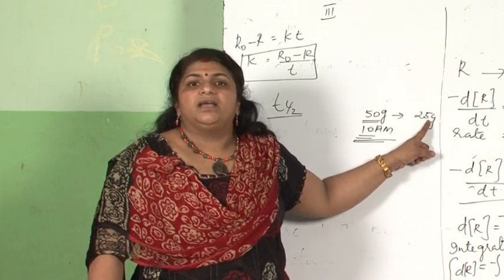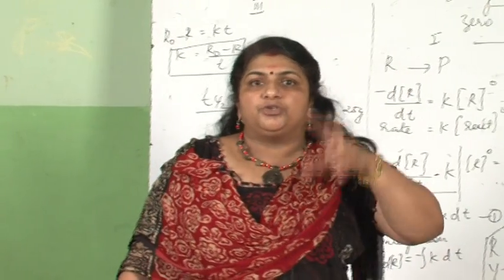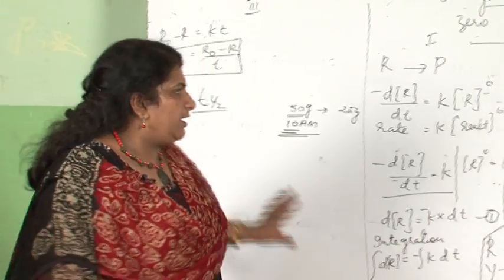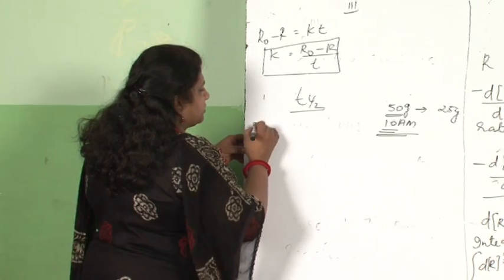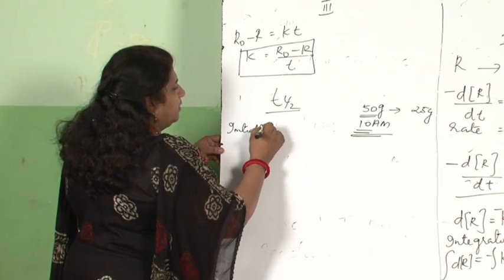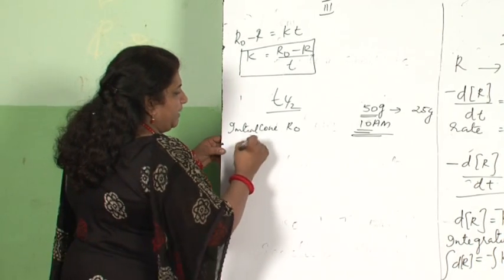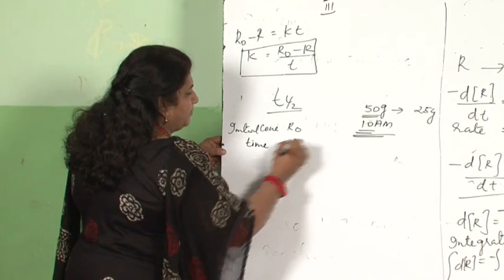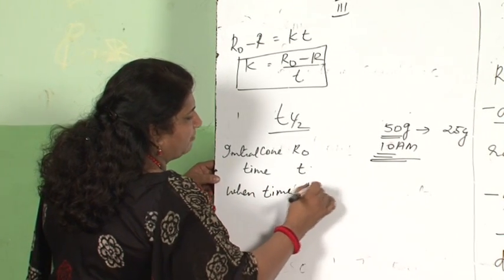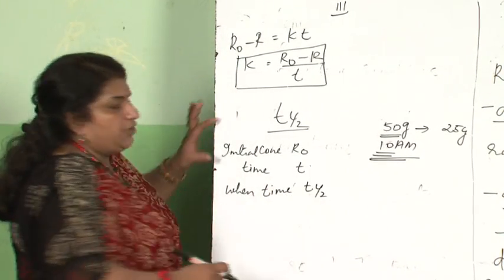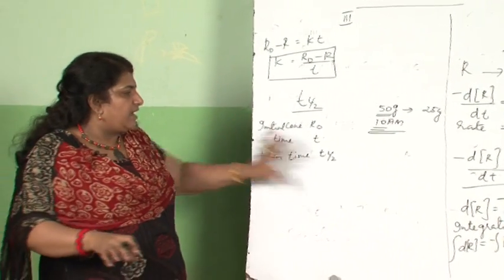Yeah, it is called a half-life. The time taken for the reactant to become half, that is called a half-life. So, suppose the initial concentration is R0, time is T. When time is T half, means half the time, suppose your reaction is under observation for half an hour, means 15 minutes, that is half time.